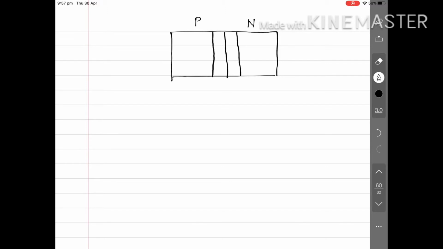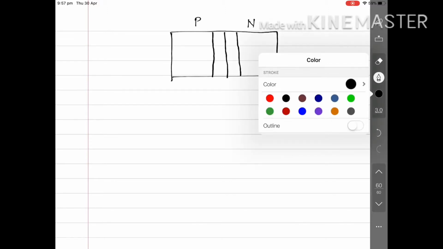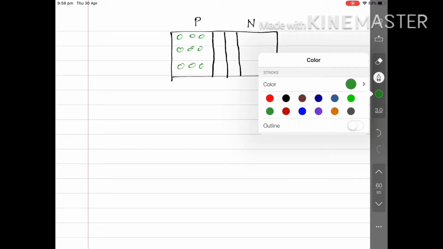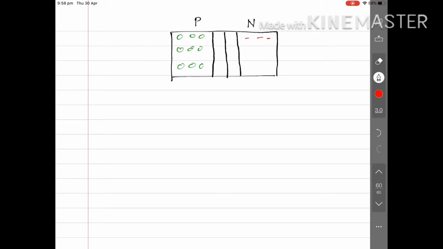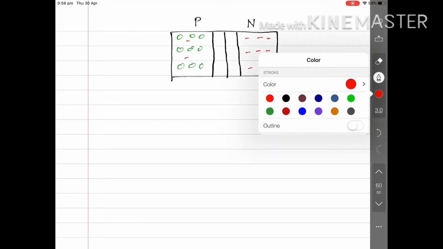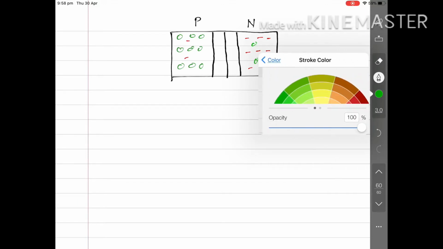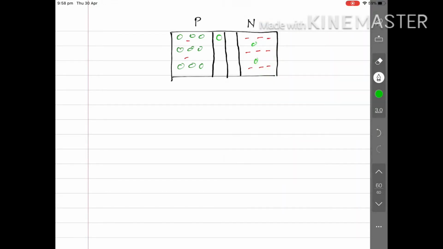your depletion region. In P type, as we know, the majority carrier is hole, and in N type material the majority carrier is electron. But in P type the minority carrier is electron, and similarly in N type the minority carrier is hole. So what happens is, when electrons move from the N region to the P region, they recombine with the holes which are present near the junction.